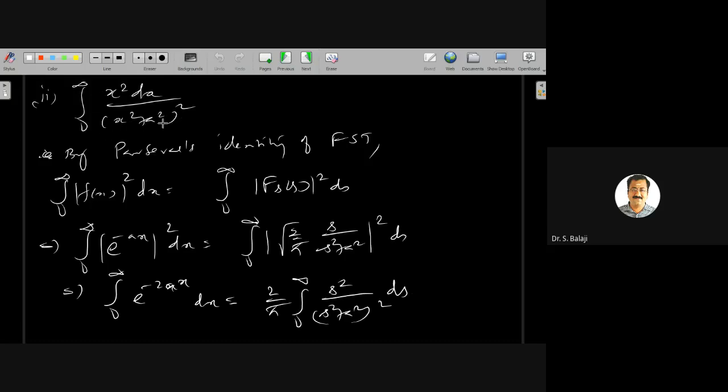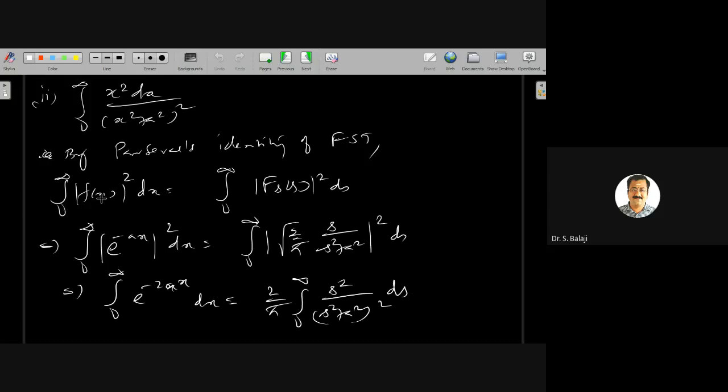Because it is the sine transform of e power minus ax, with s in the numerator, you can use that idea.